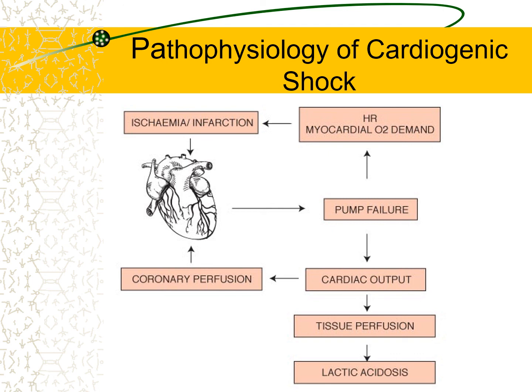Okay, so follow through there. Remember, when the pump fails, and this picture is showing you as a result of an acute MI, an infarction, cardiac output is going to decrease.